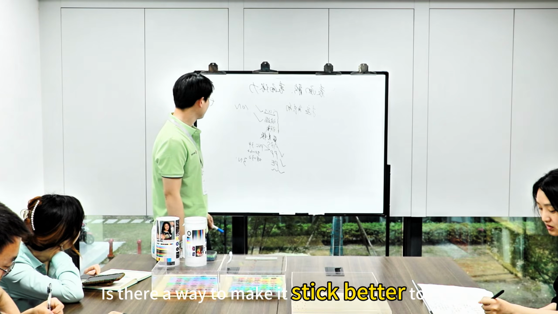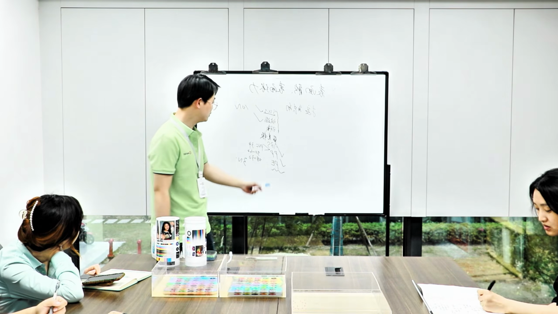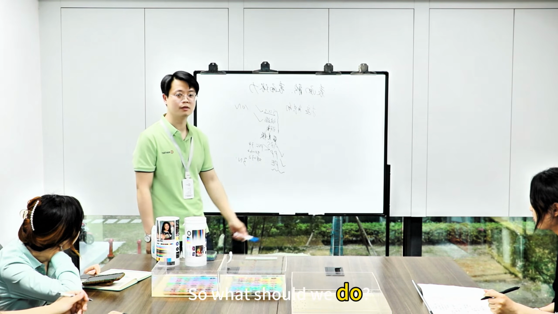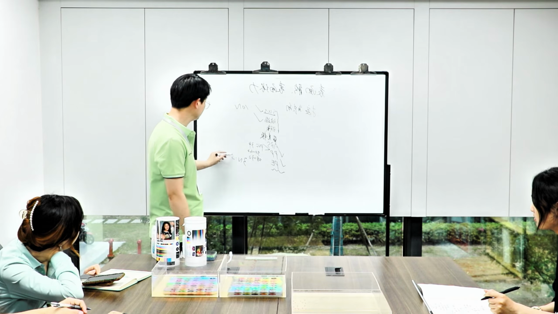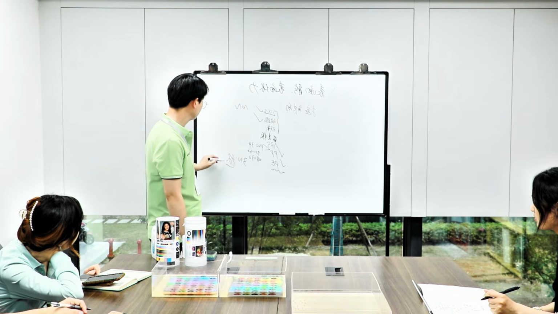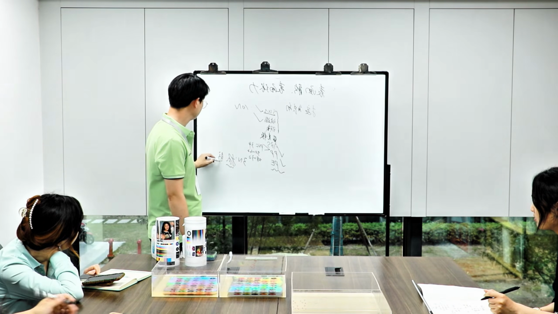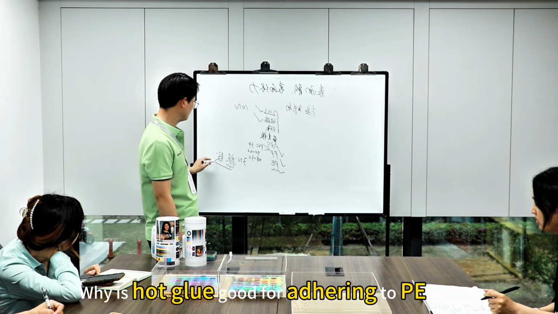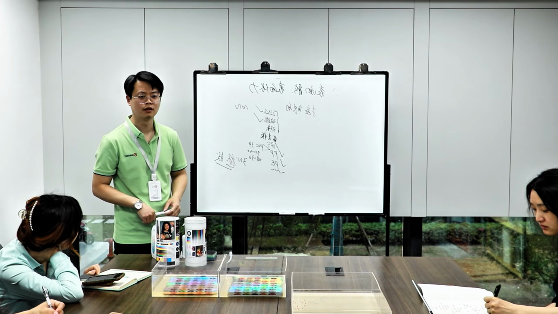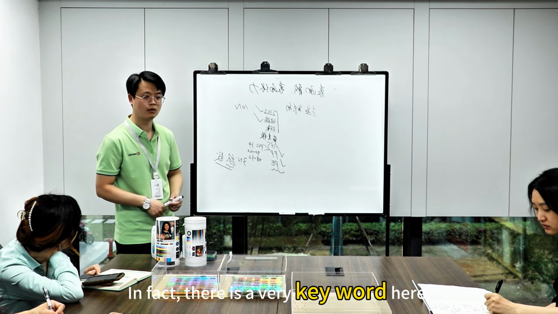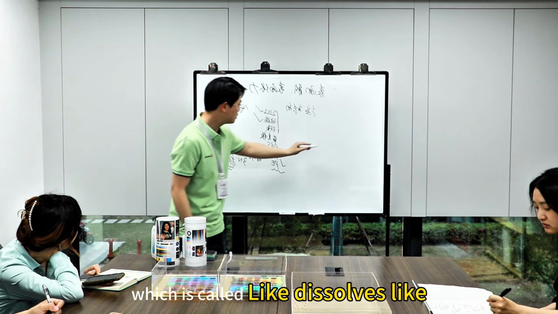Is there a way to make it stick better to PE? So what should we do? We choose to use hot glue. Why is hot glue good for adhering to PE or PP? In fact, there is a very key phrase here, which is like dissolves like.